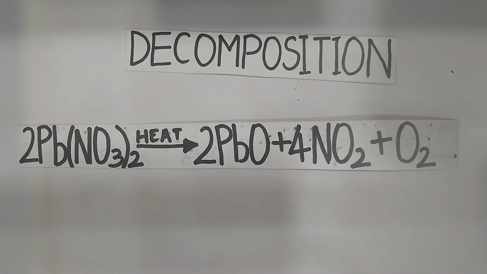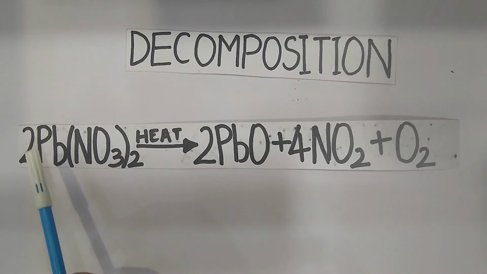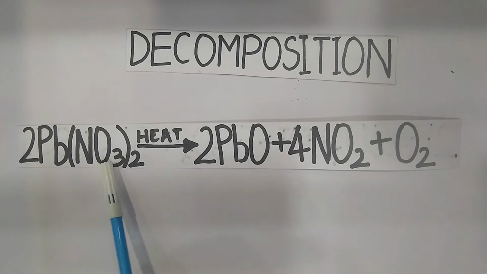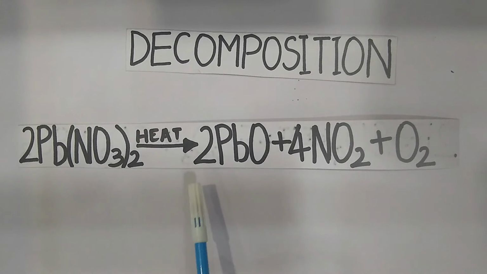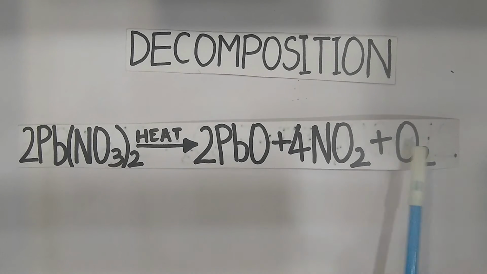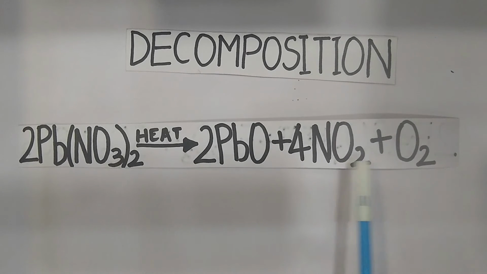This is another example for the decomposition reaction where lead nitrate, lead is indicated as Pb, is taking a form of energy, which is heat, to break down into further compounds, which is PbO, 4NO2 and O2.